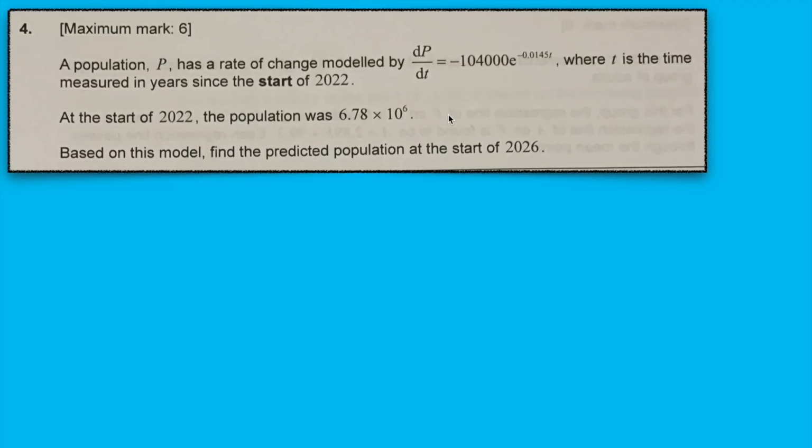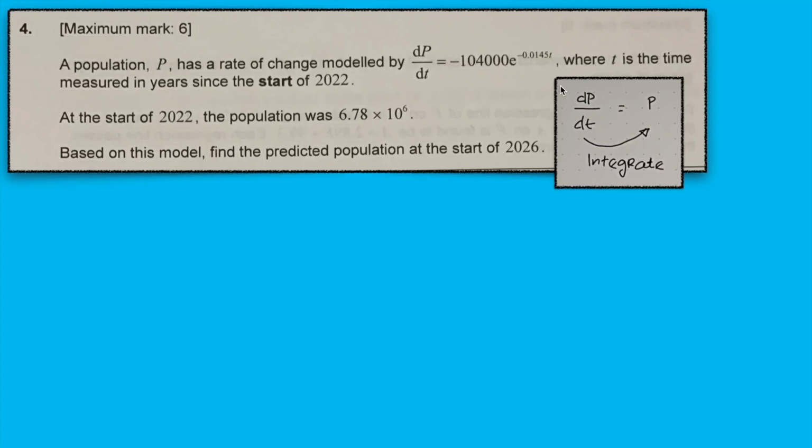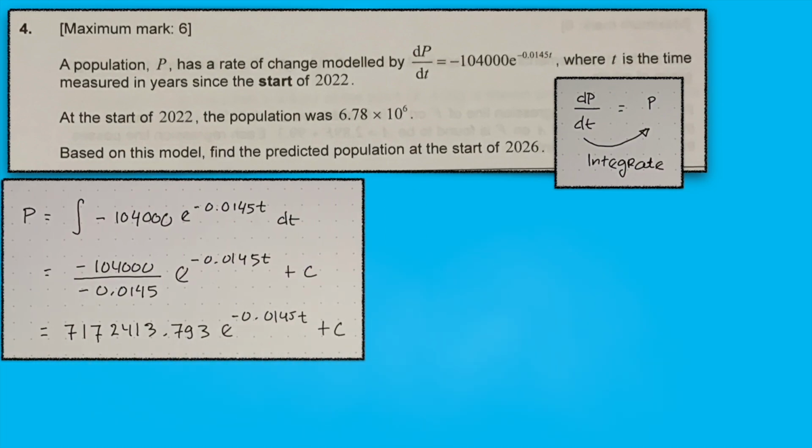So we are given dP/dt and we are asked to find P. That should tell us we have to integrate. So let's do it. So P is equal to the integral of dP/dt with respect to time. So we'll do the integration as usual.